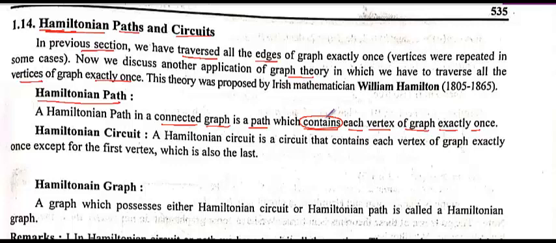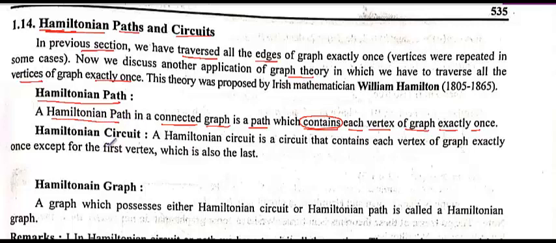If you go through the previous Euler path, we visited each edge only once, but a vertex may be repeated. But here the situation is reversed. We are visiting each vertex exactly once. So this is known as a Hamiltonian path.